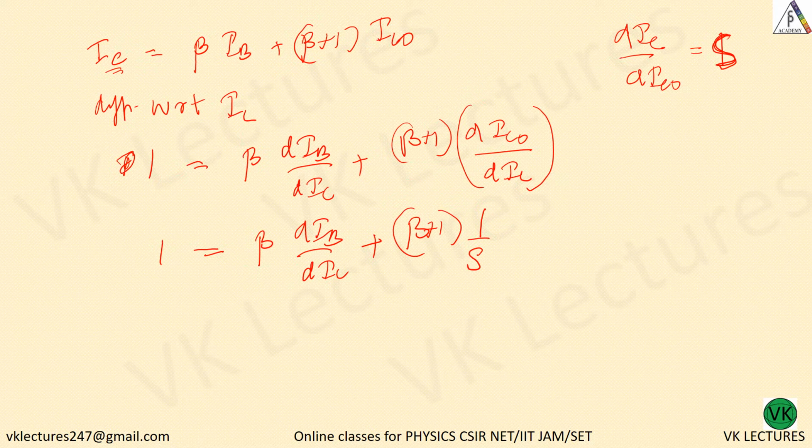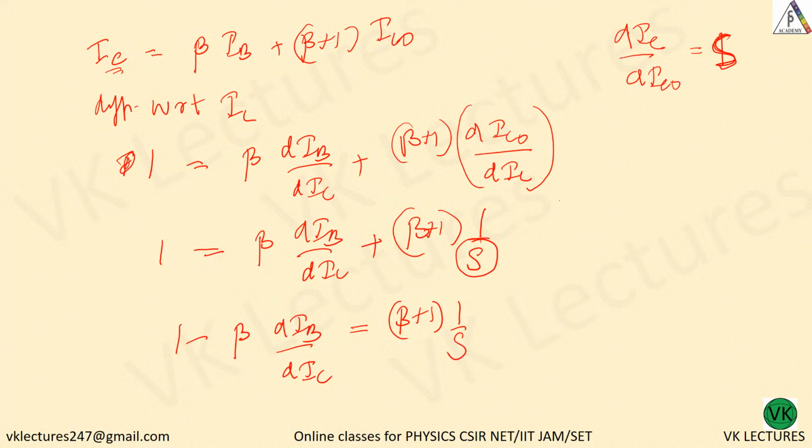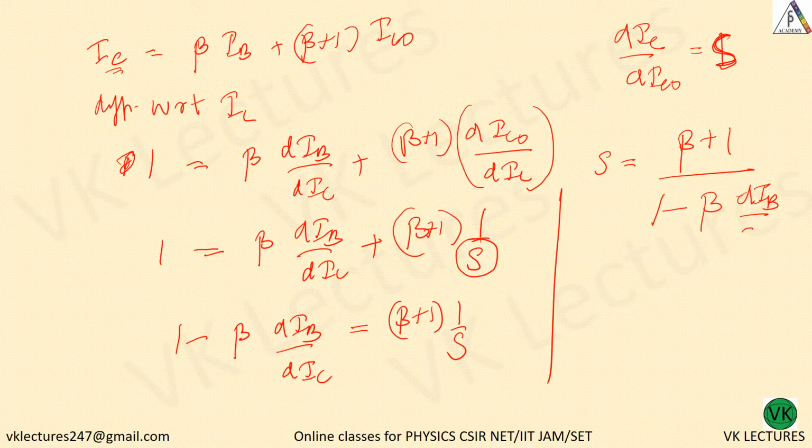Now this is the stability factor. We want the stability factor. So we can write this as 1 minus beta into dIB by dIC equal to beta plus 1 into 1 by S. Now S is equal to, bringing this term to the right side, beta plus 1 divided by 1 minus beta into dIB by dIC.